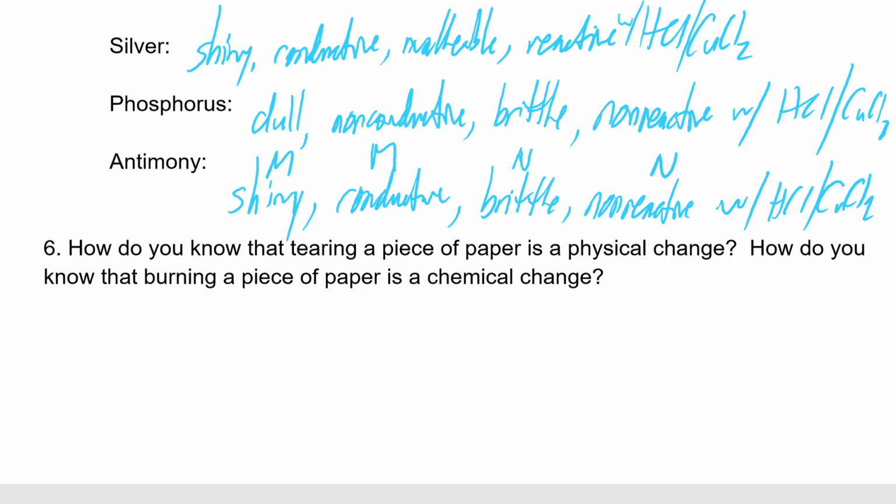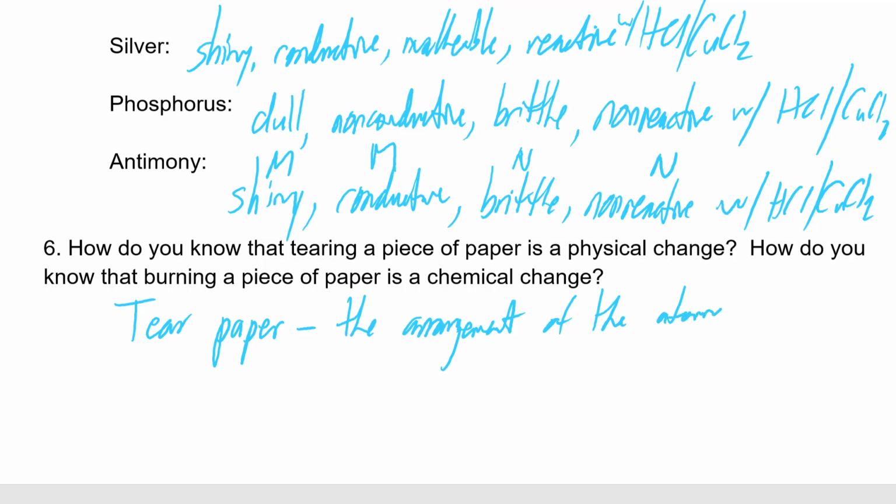Okay, number 6, last one. How do you know that tearing a piece of paper is a physical change? Well, if you tear paper, the atoms that are in the paper, right, the arrangement of those atoms has not changed. So the arrangement of atoms is not changed inside the paper, inside the molecules in the paper.